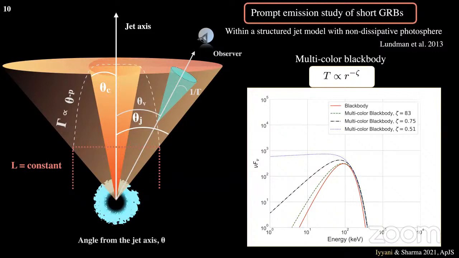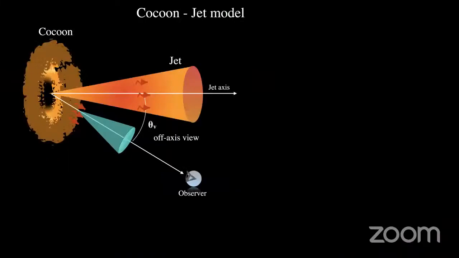If it gets softer, with smaller values, your low energy part has a certain profile of temperature and looks much broader than that of a black body. Now, this is what we are talking about with the structured jet. So we went and studied a sample of short GRBs with a multicolor black body.